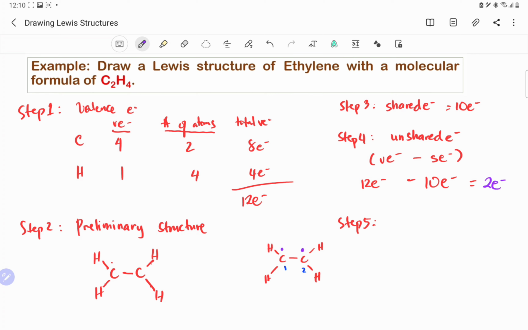Okay, is this a proper way of drawing the Lewis structure? No, because carbon 1 will have 7 electrons, 2, 4, 6, 7. Okay, so carbon 2 as well, 7 electrons, 2, 4, 6, 7. It still has no complete octet. Okay, another mistake. A common mistake is that students will distribute these 2 electrons like this.